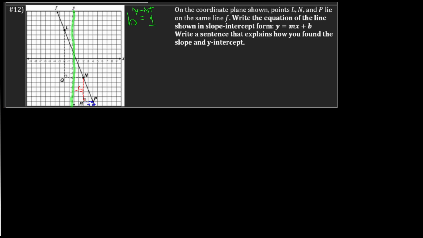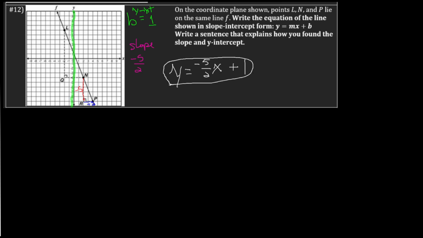If I write that ratio for my slope, my slope is equal to -5 over 2. So my equation is y equals -5 over 2 times x plus 1, because that is my y-intercept.